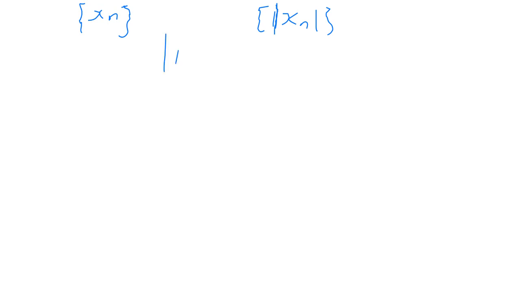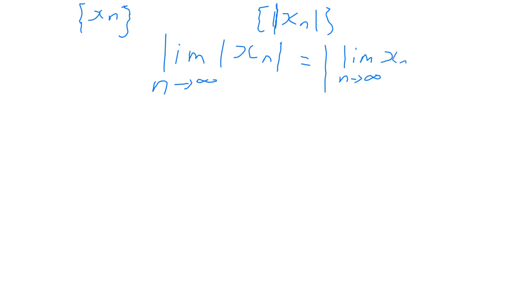And the limit as n tends to infinity of the absolute value of xn is equal to the absolute value of the limit as n tends to infinity of x sub n.